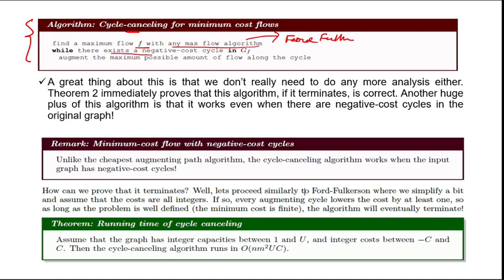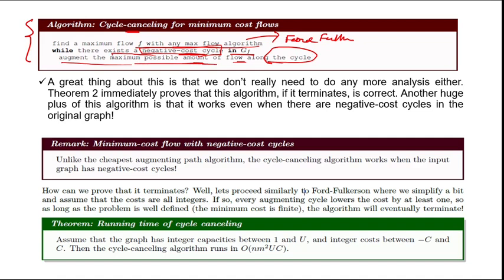While there is a negative cost cycle, not negative capacity, in GF, augment the maximum possible amount of flow along the cycle.